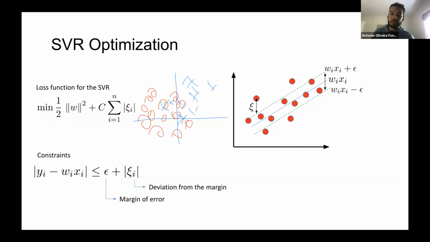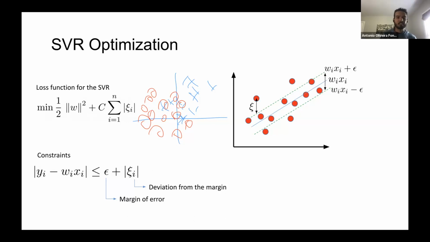So since you're not going to be able to give me one single hyperplane that gives me this maximum separation, we have to come to the idea of how much am I willing to allow the error to happen, which basically stands for how much deviation or how many mistakes you can still make.